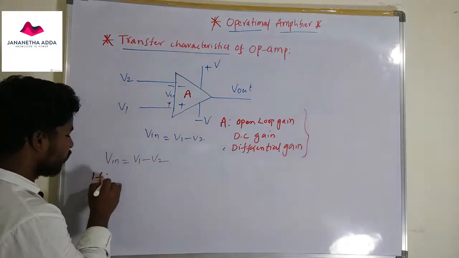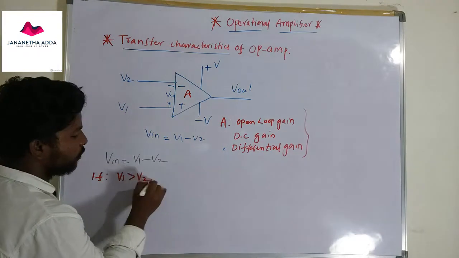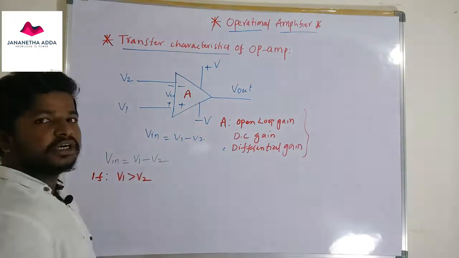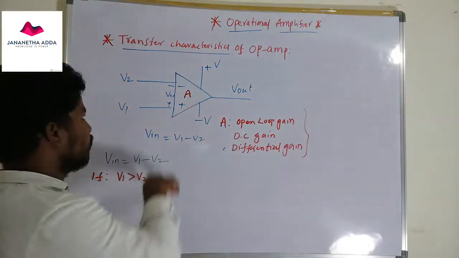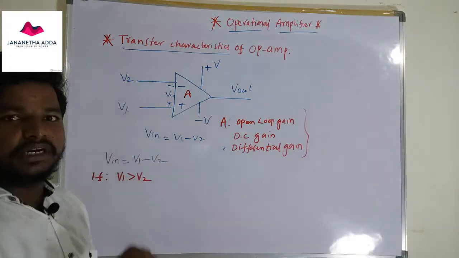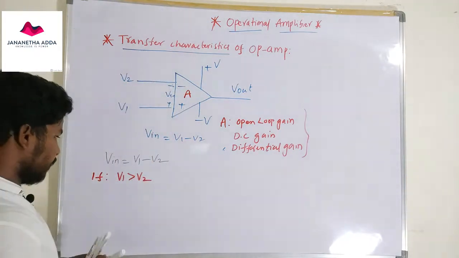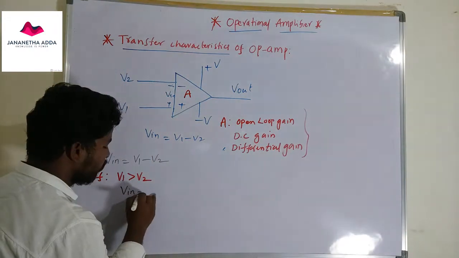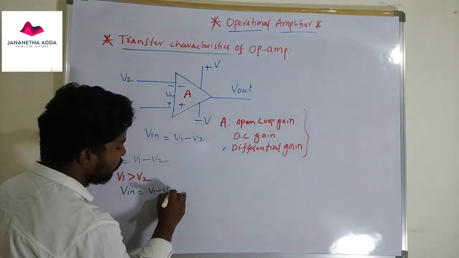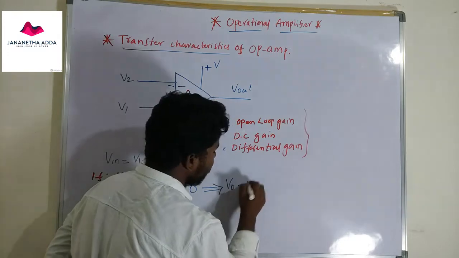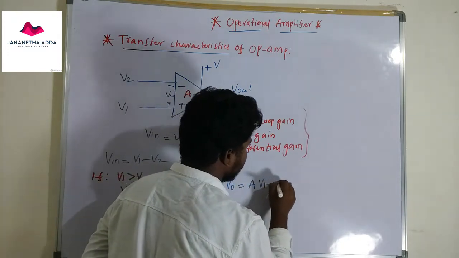If V1 is greater than V2, meaning the potential with respect to ground at the non-inverting terminal is greater than the potential at the inverting terminal, then V input, which is V1 minus V2, will be greater than zero, and V output should be A times V1 minus V2.